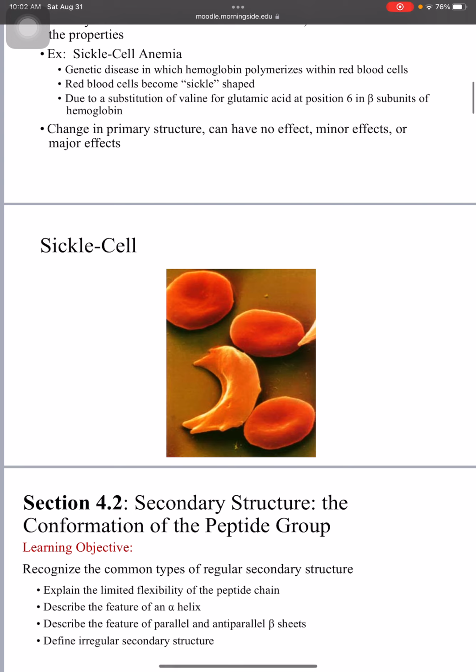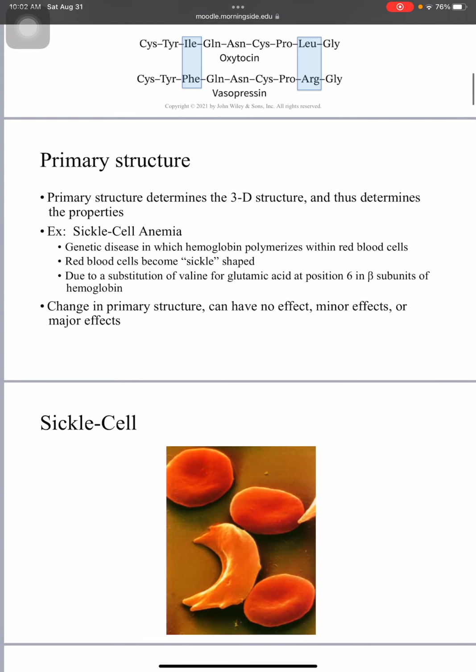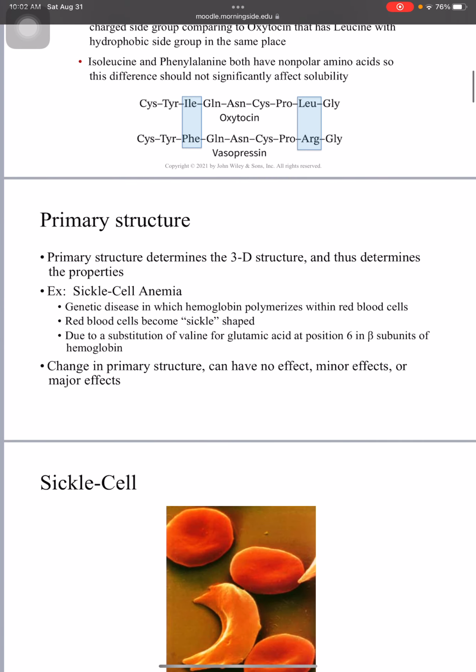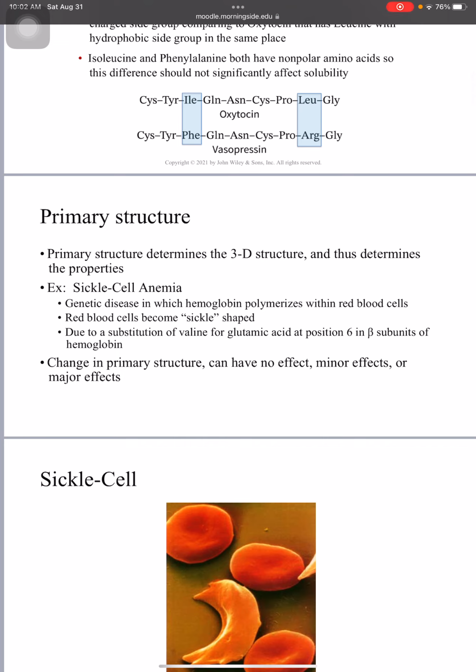And you can see an example of a sickle cell right over here compared to normal red blood cells, right? And that's bad, right? Because when red blood cells are in the sickle shape, they can't carry oxygen nearly as well as the regular red blood cells. They're not nearly as efficient.